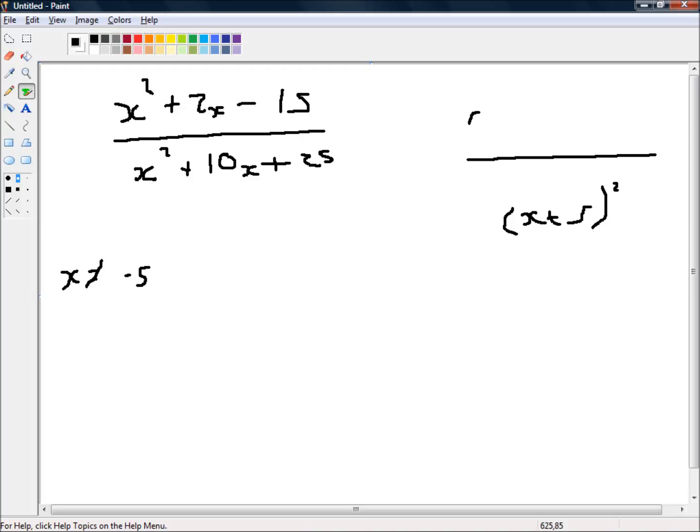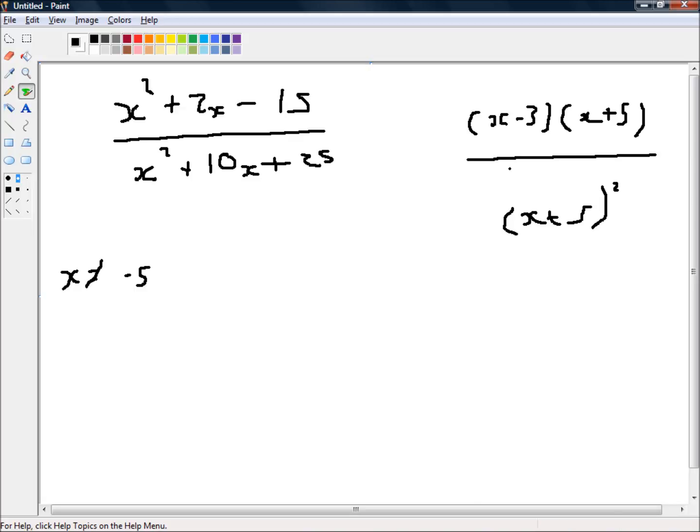So we've got x minus 3 into x plus 5. Just let's expand that out in our heads quickly. That's x squared minus 3x plus 5x minus 15, and the minus 3x and plus 5x is going to be plus 2x, so that is correct.